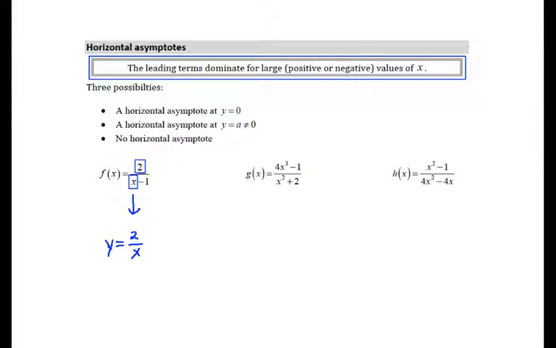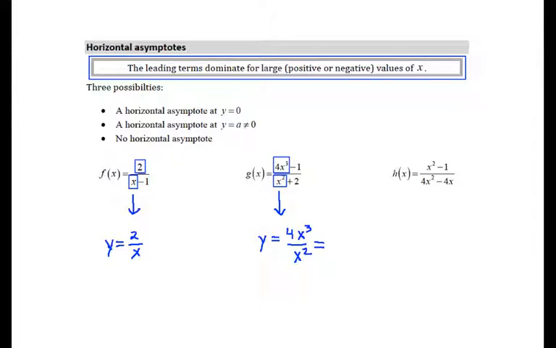So looking at some of these other examples, the leading term is 4x cubed on top, and the leading term is x squared on the bottom. Here, the end behavior is going to be the same as it is for the function y equals 4x cubed over x squared. And the nice thing about just looking at the leading terms is that then we can reduce it.